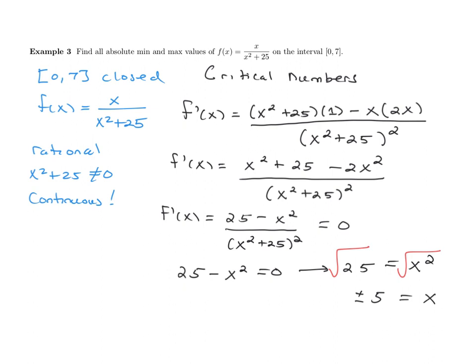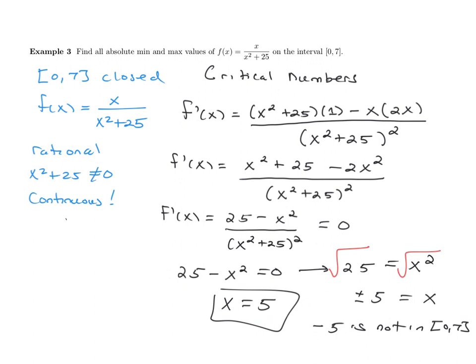And for this reason, for the critical numbers, I'm actually only going to use x is equal to 5. The reason for this is negative 5 is not in the interval from 0 to 7, so we will not use it. Now, when it comes to figuring out the absolute min and max values of the function f, I need to check three numbers in a table: 0, 7, the endpoints, and any critical number that falls within the interval itself.